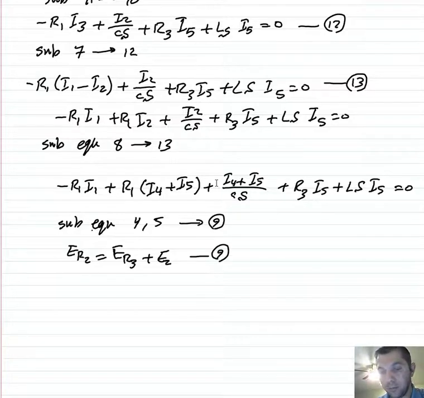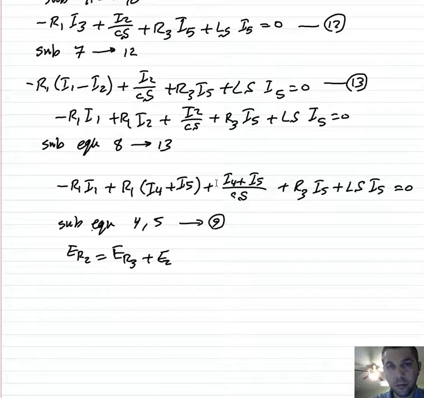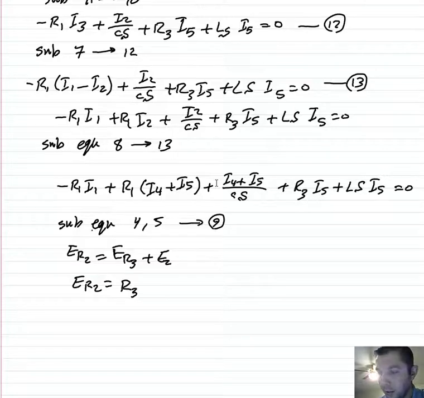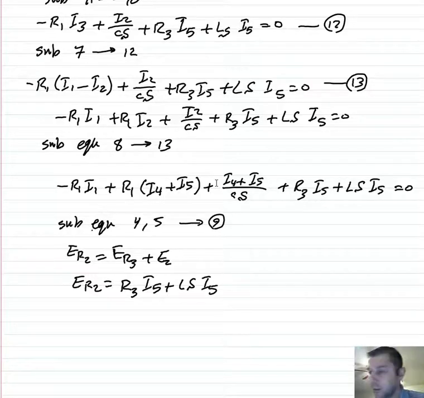This is equation 9. So we have ER2 is equal to R3 current 5 plus LS current 5. Then we will substitute into I4.